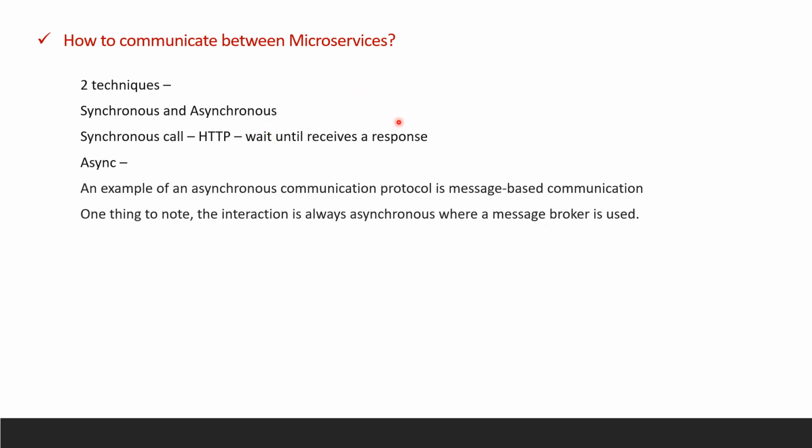So we have to be cautious about how we communicate between two microservices. There are two techniques: synchronous calls, like REST APIs using HTTP calls, and asynchronous, where whenever any message broker is used, we call it an asynchronous call, any message-based communication.